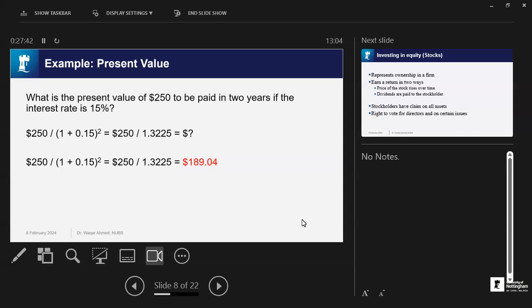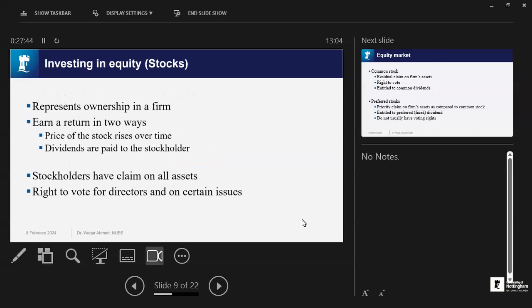But when it comes to investing in equity, that makes things a lot trickier. So let's quickly look at the key characteristics of equity. One key characteristic is that it represents ownership in the firm, the proportionate ownership if you hold a certain percentage of stocks of a particular firm.